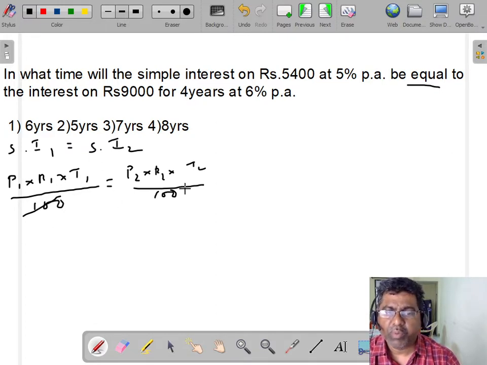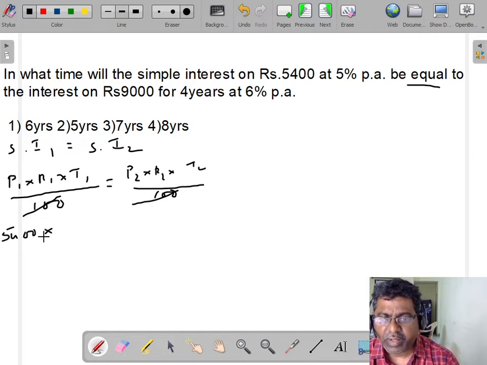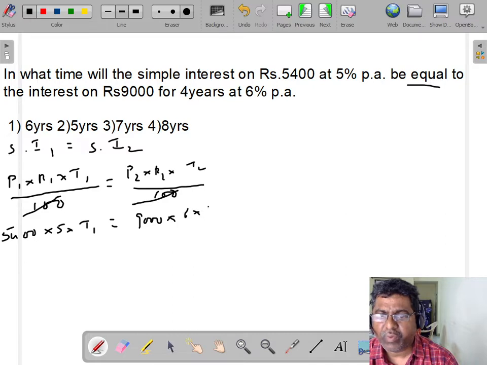Now you can cancel both the 100s. In place of P1 the value is 5400, in place of R1 he gave 5%, and we have to find T1. Next, in place of P2 the value is 9000, into the rate 6, time 4.